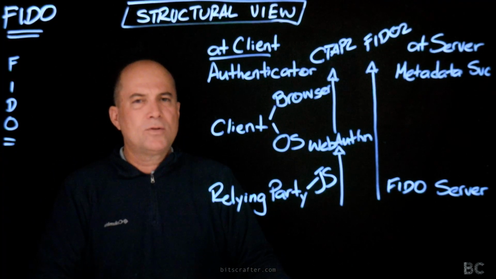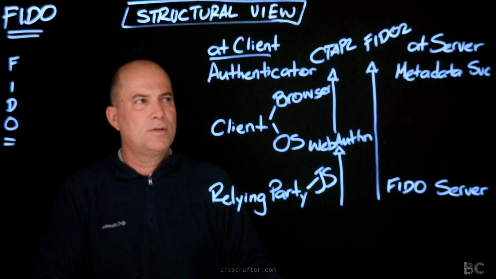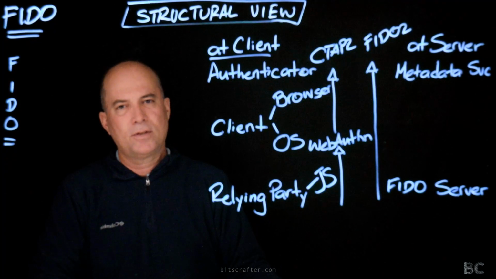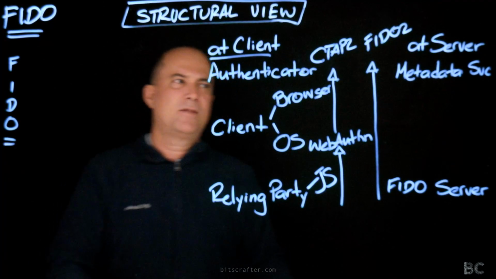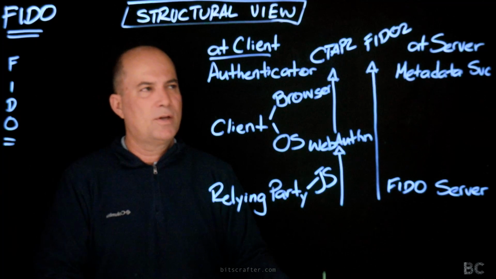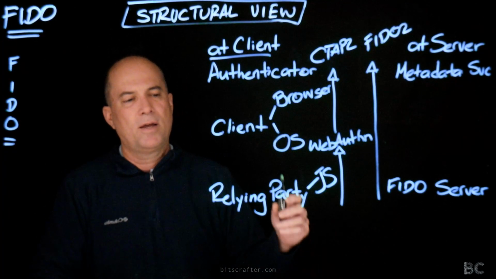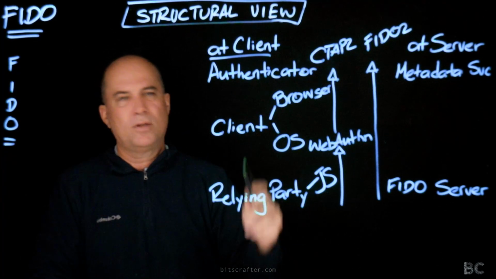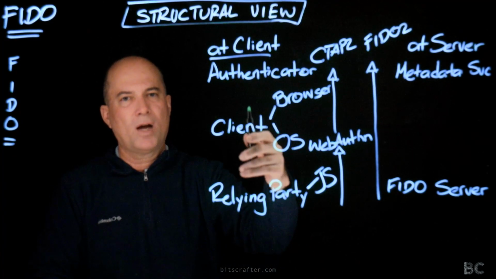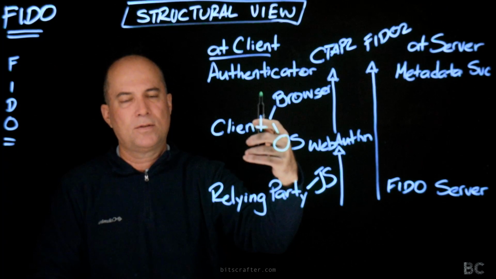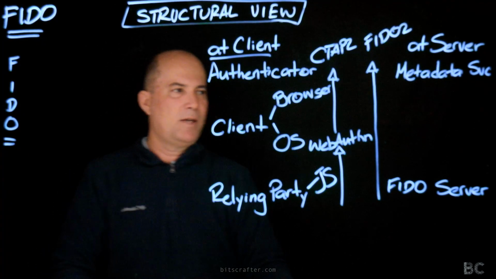One source of information for making the decision could be the metadata service that is provided by the FIDO Alliance. This metadata is nothing other than some JSON file, but what matters is that for every registered authenticator under the FIDO Alliance, they have metadata that describes the capabilities and general information about that authenticator.